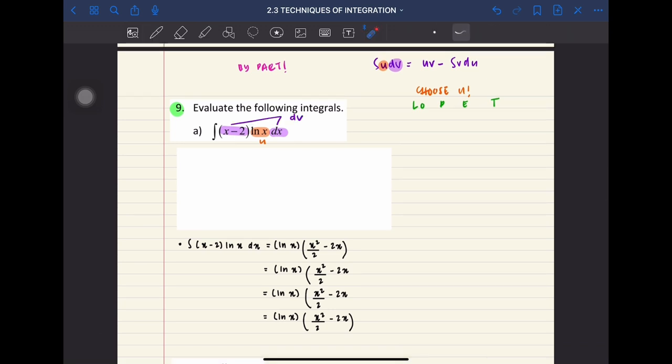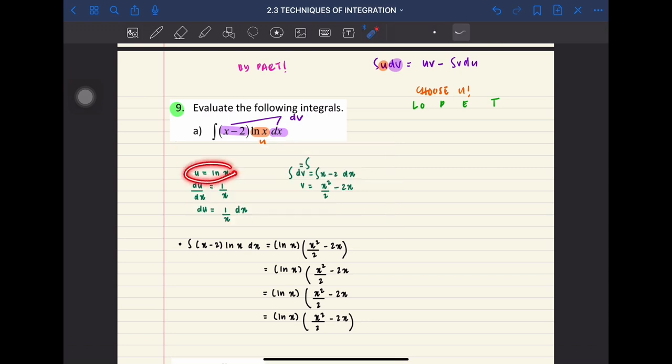So what do we do next? For the u, we're going to differentiate it to get our du. For the dv, we're going to integrate both sides to get our v. Integrating dv gives v, and integrating this one, we get this. So now we have our u, our du, and our v. We insert them into the formula.